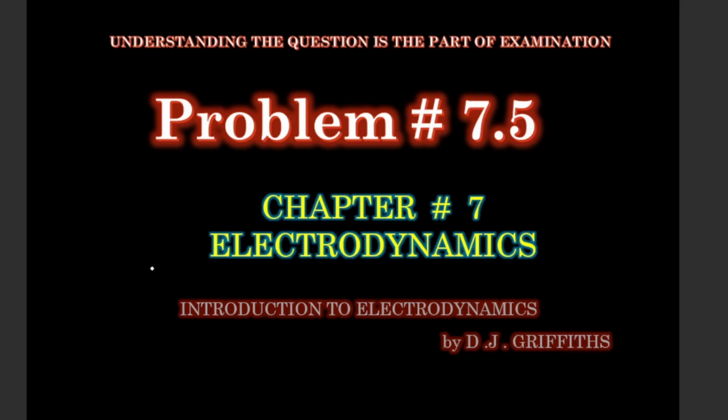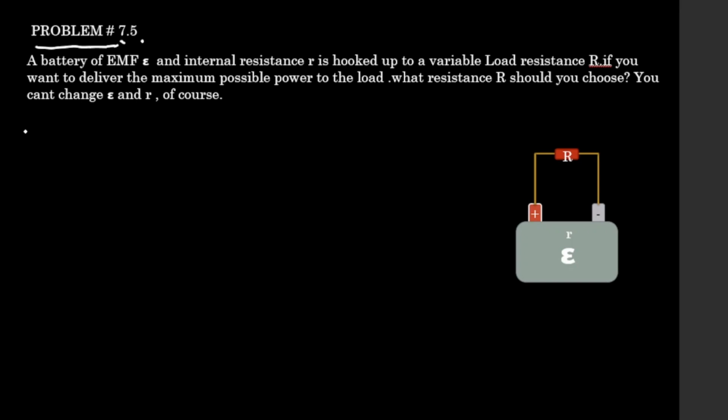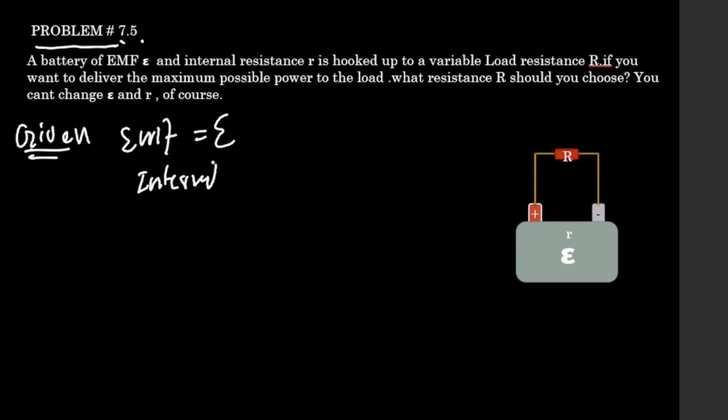Now let's head toward problem 5. In this problem we are given some basic information: we have a battery of EMF E and internal resistance r, hooked up to a variable load resistance R. If you want to deliver the maximum possible power to the load, what resistance R should you choose?